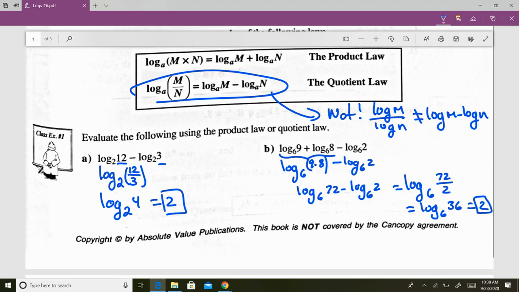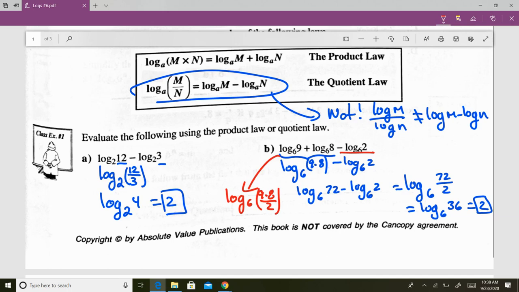Okay, you could have done it in one step. I'll show you here. You could have, John, I'm adding. So those are going to be multiplied. 9 times 8. And if you're subtracting, that means you're dividing. So whatever you're subtracting, the argument goes in the denominator.